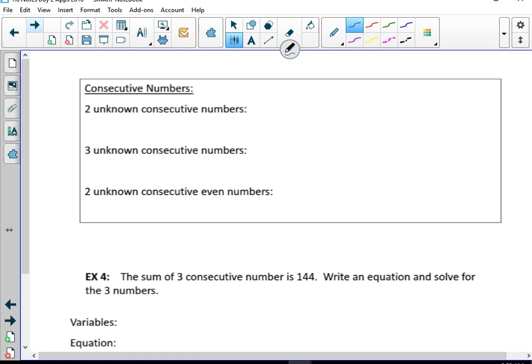Okay, consecutive numbers. This one usually throws people off. I want to tell you why. Well, this one isn't as much, but a little bit later. 2 unknown consecutive numbers. Okay, what does consecutive mean?